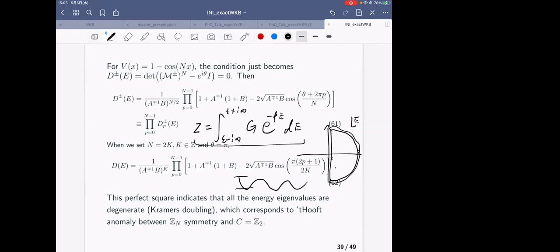But I'm not sure it gives a boundary of the Borel plane.